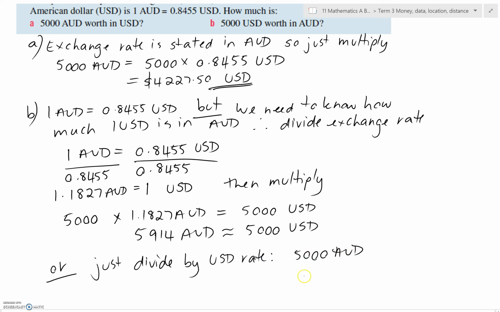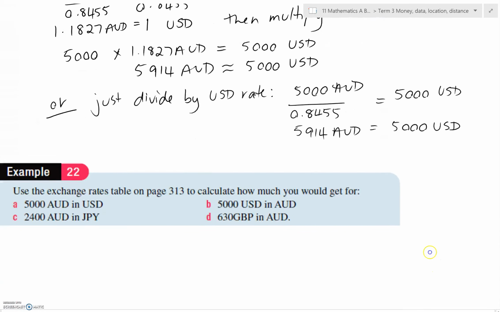So you pick one that makes the most sense to you, but it's important that you understand why you are doing that. So we're converting the US dollars to Australian dollars. It's a very similar way, but one of those methods might make more sense to you, and you need to try them and practice. Okay, any problems with that? Please see me in class.